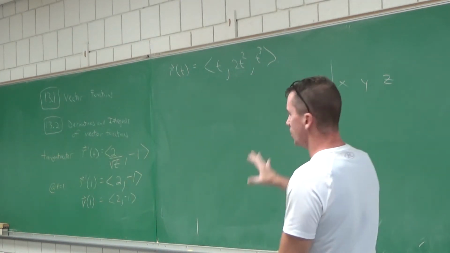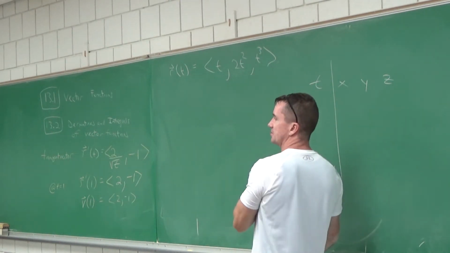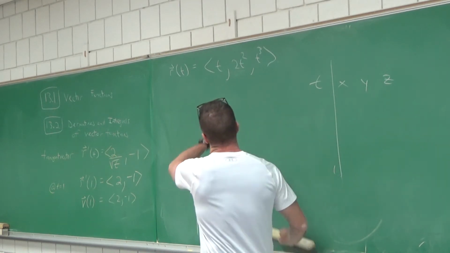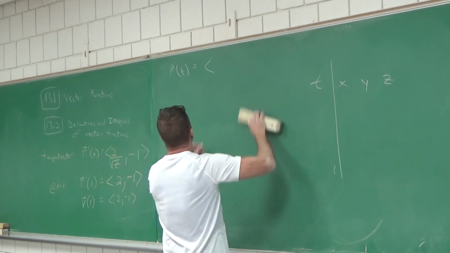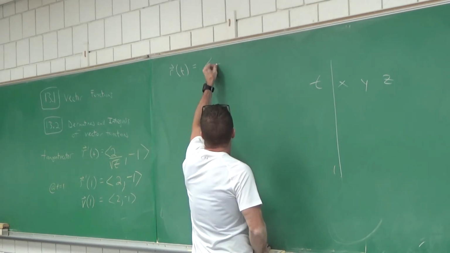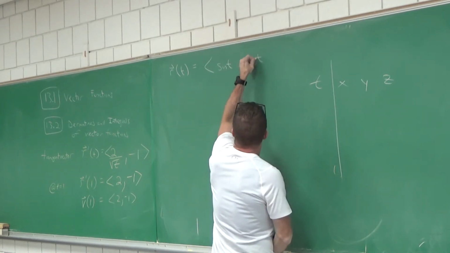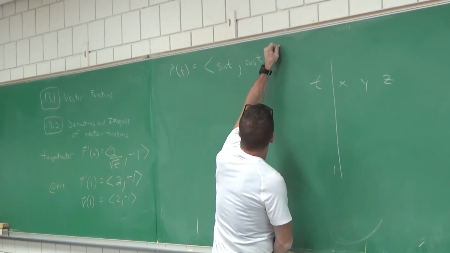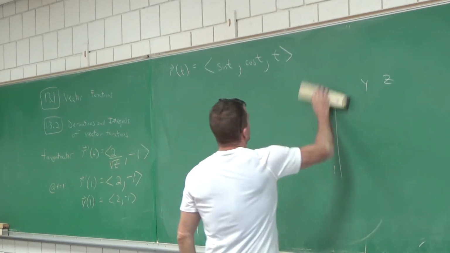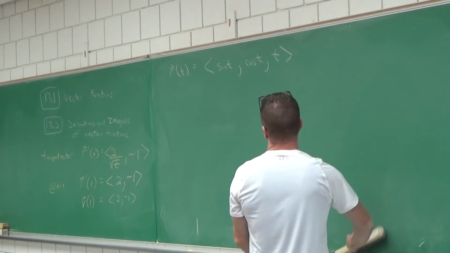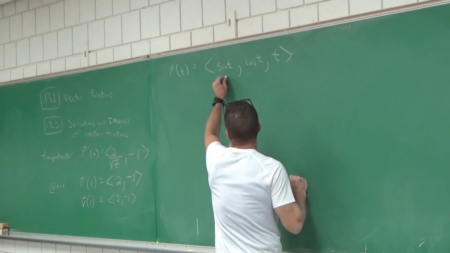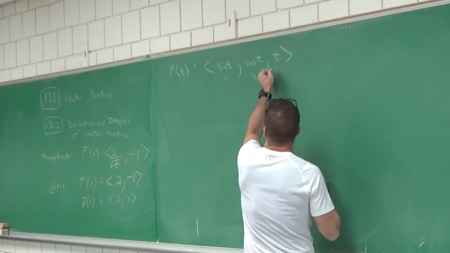What we're going to look at is problems where maybe we don't have to sketch so many points. So other than this, here's the one we're going to do. How about this is sine of t, this is cosine of t, and this is t. This is the x component, this is the y component, and this is the z component.